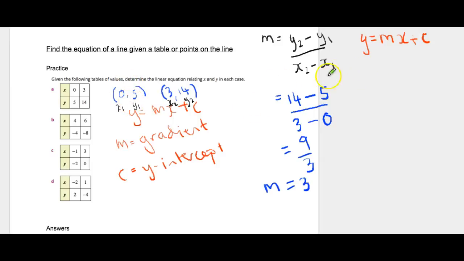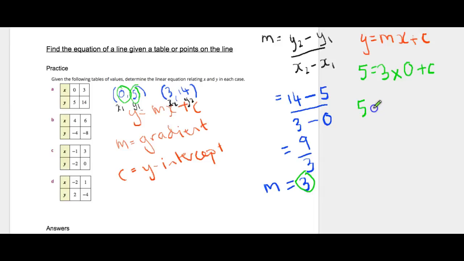So that means y is 5, because I've got the y coordinate here. m we calculated before is 3. And x on this set of points is 0, plus c. Now the purpose of doing this is to find the value of c, which is your y-intercept.